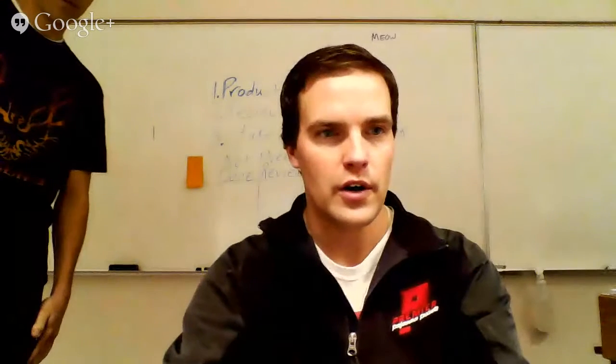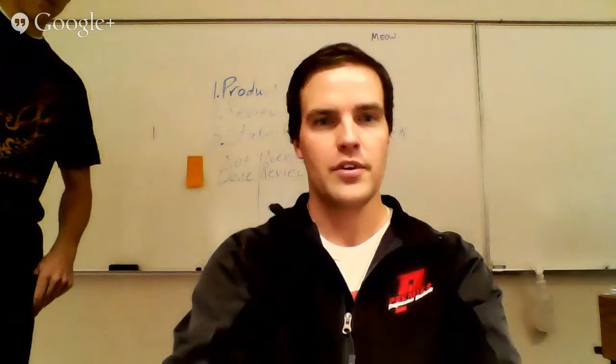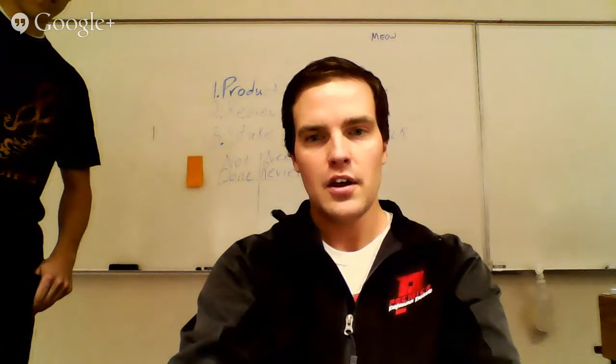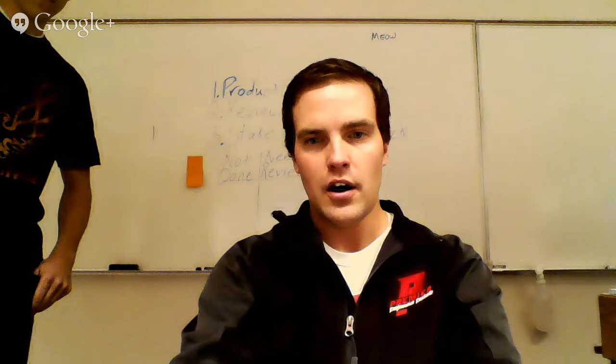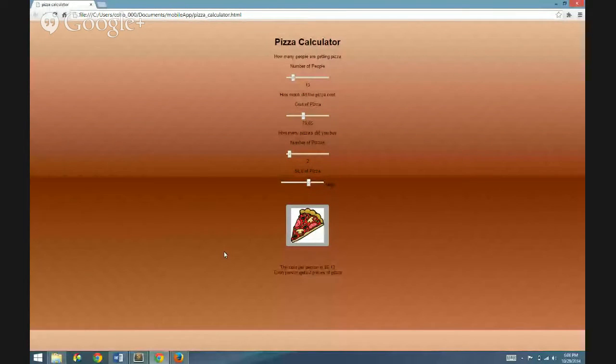So I'll go ahead and do a screen share here so you can see our app, and we'll have Aaron walk you through. Okay, so as we look at our app, I'll set everything back to 0.